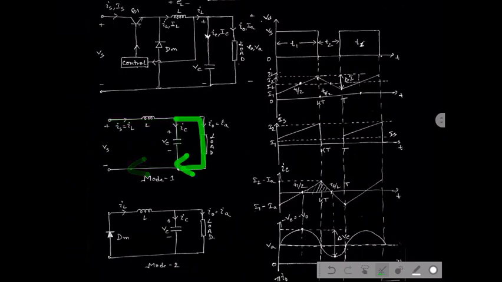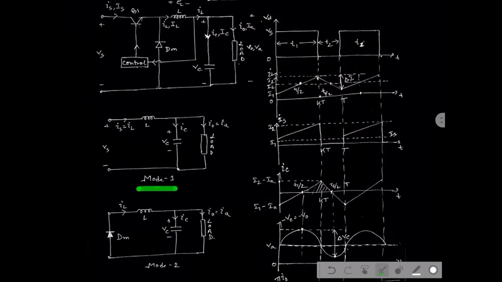As the inductor is there, the current gradually increases from its low value to a high value as the inductor stores energy. This is defined by the voltage across the circuit, and this is the inductor current. This is iS, the source current, this is iC, the capacitor current, this is vC, the capacitor voltage, and the last one is the output current.